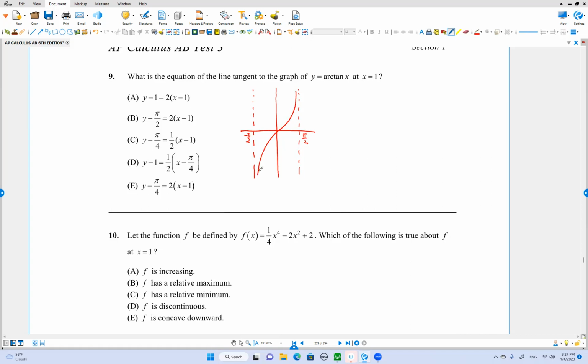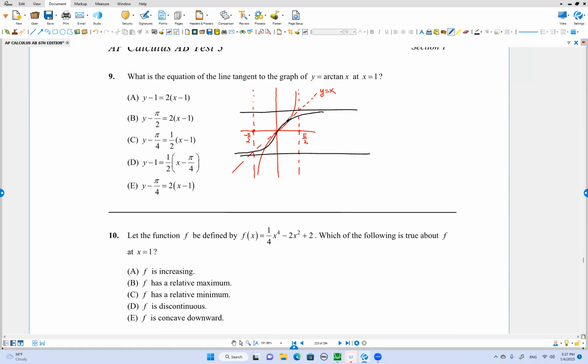Arctangent is its inverse, so it must be reflected over the line y equals x. Are you okay with this? So this one is the domain, negative pi over 2. Now I'm going to change this one, the range is pi over 2. The inverse graph looks like this way.